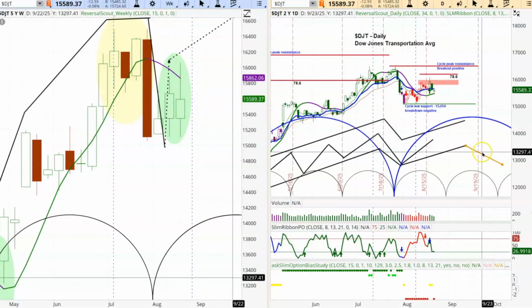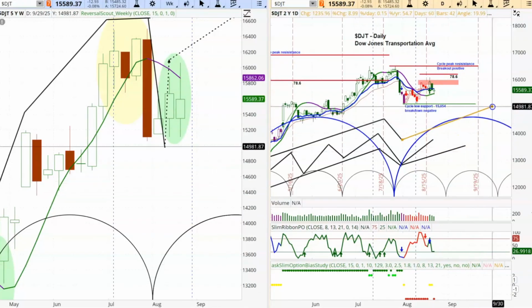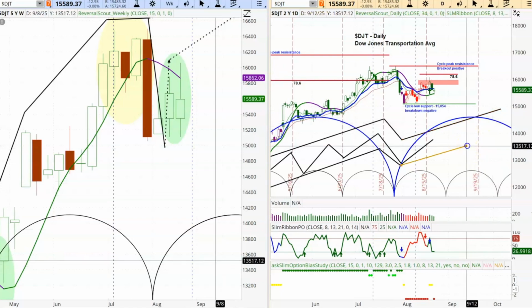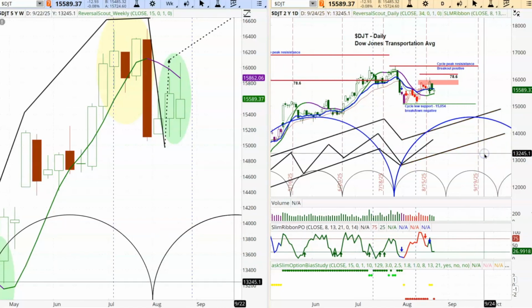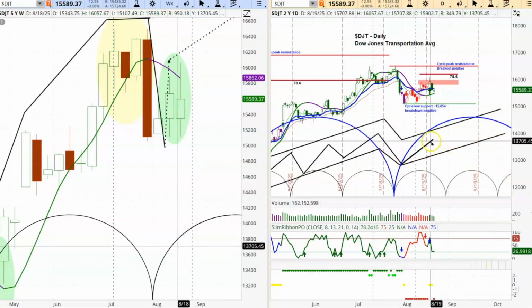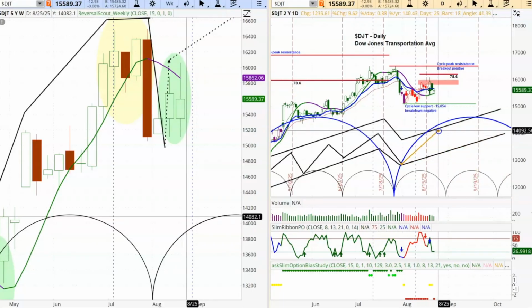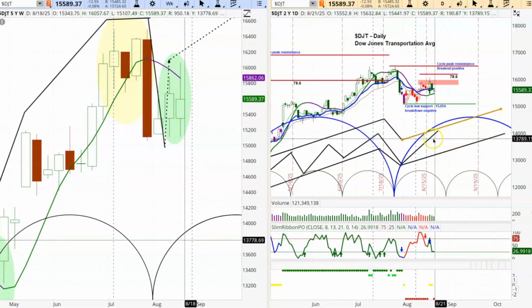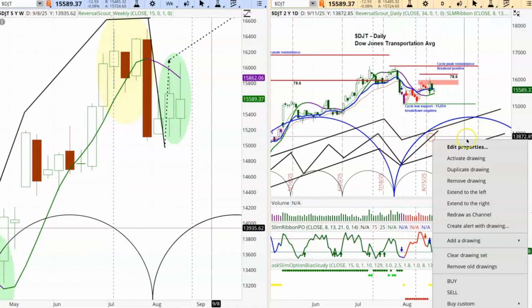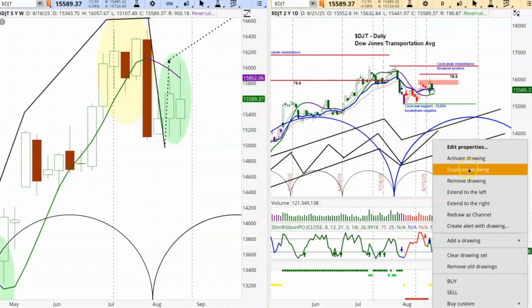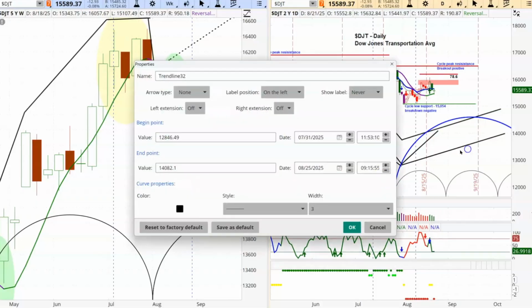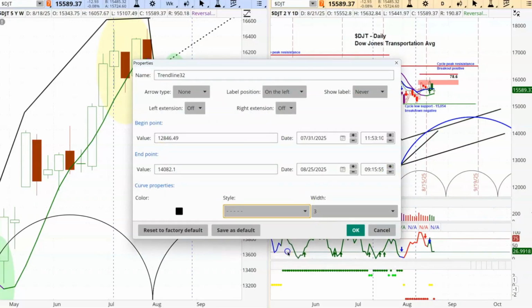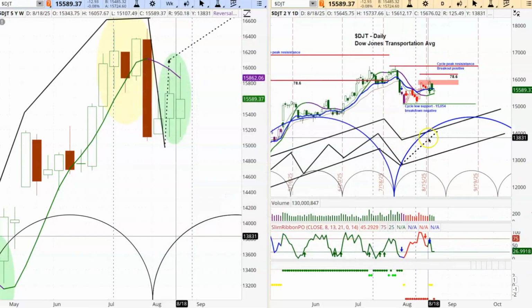If the bullish side does prove itself, then these are going to extend upward further, and those energies will be going up, and we'll have a reason to be positive. And then what will happen will be this will form like this, and I'm just going to duplicate the trend line, and then you can see I'm just going to change this to a dotted line right there. So you'll get an idea of what the projection would be.